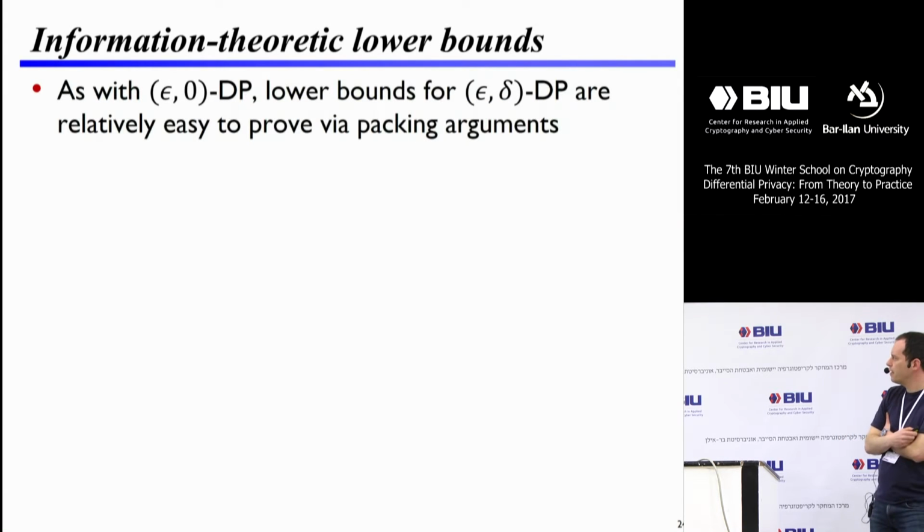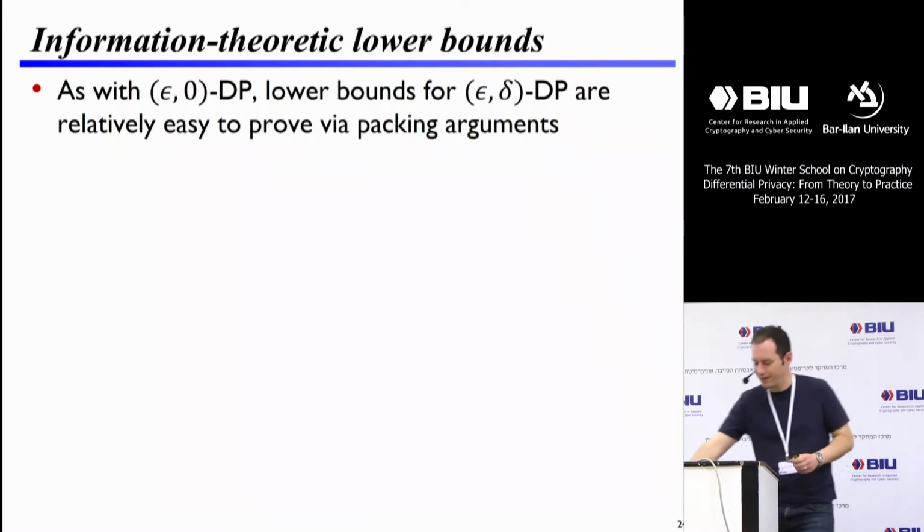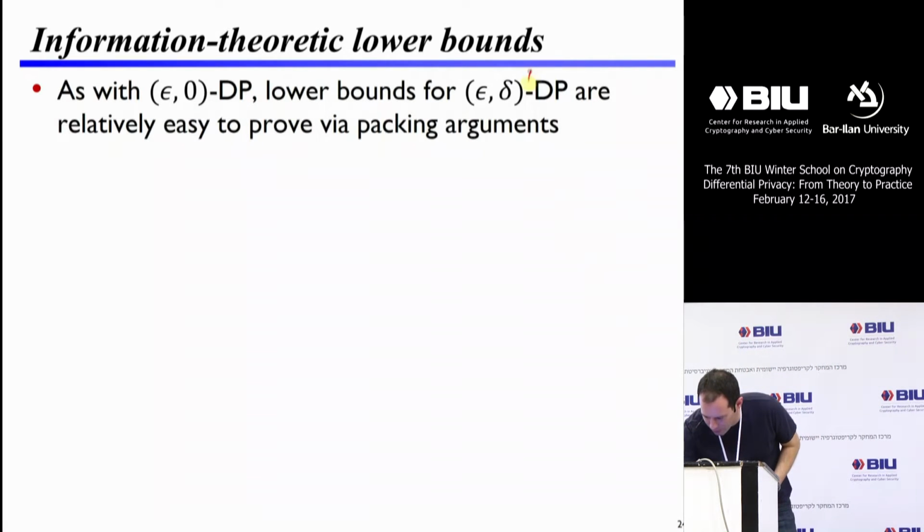So as is the case with epsilon zero differential privacy, lower bounds for epsilon delta, there's an L missing there. That's actually semantically important here.